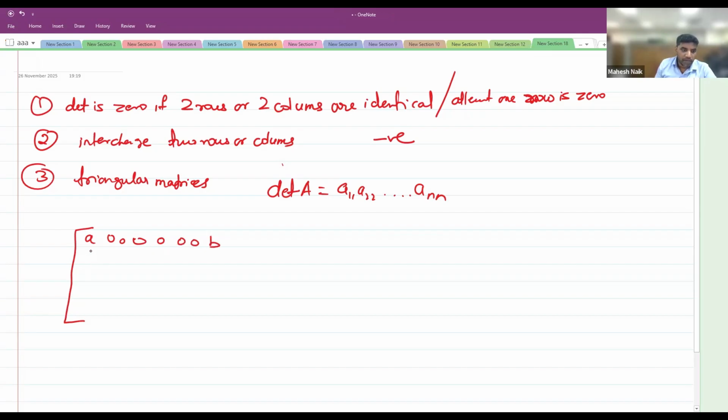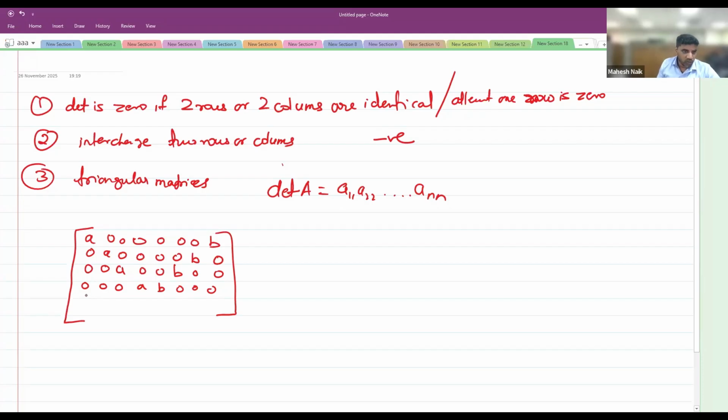Similarly we have 0 a 0 0 0 0 b 0, and so on.